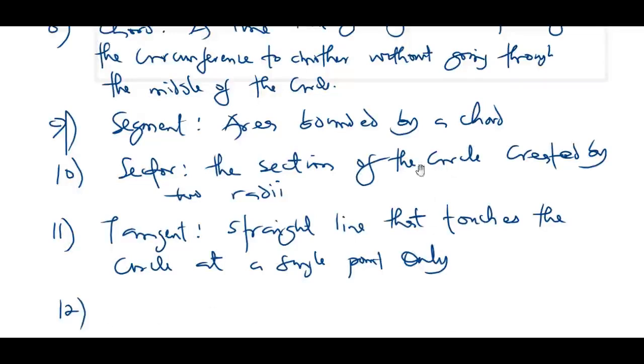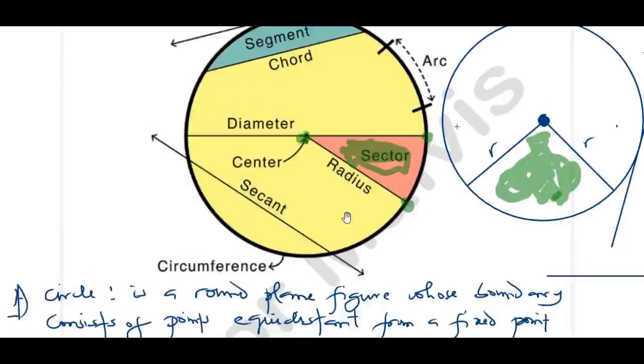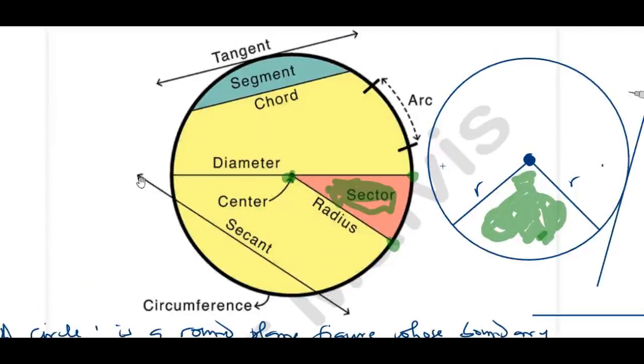The one that looks like a tangent, if you observe this diagram, is a secant. But the difference is that a secant goes through the circle at 2 points. So a secant goes inside the circle and touches this point and also this point. So that is a secant.